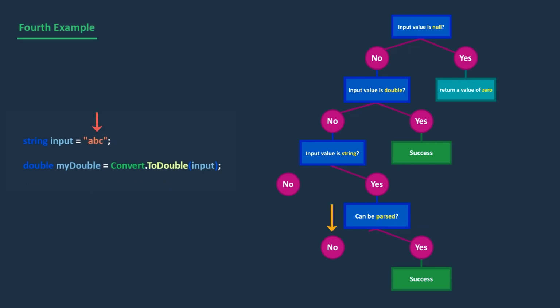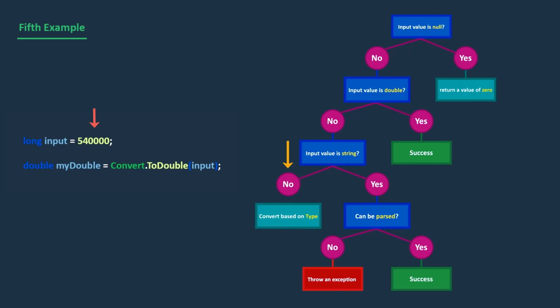However, as you may know, if any errors occur during the parsing process, a corresponding exception will be thrown. But if the input value is not a string, this method performs conversion based on the data type of the input value. For instance, if the input value is of type long, an explicit cast will be performed to convert the input value to double, and then the resulting double value will be returned.